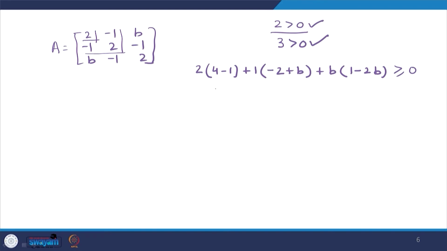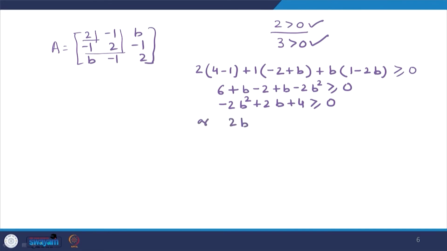So, let us simplify it. 6 plus B minus 2 plus B minus 2B squared is greater than or equal to 0, or minus 2B squared plus 2B plus 4 is greater than or equal to 0, or B squared minus B minus 2 is less than or equal to 0, because we multiplied both sides by minus 1, so the inequality changes.